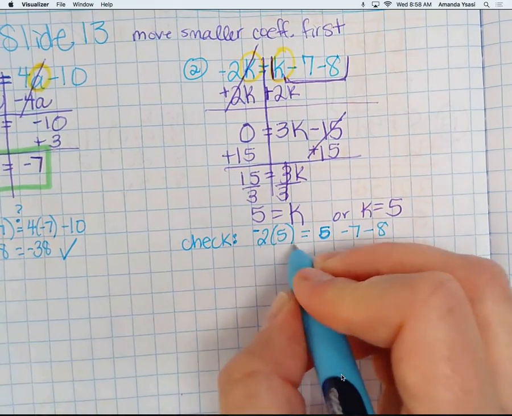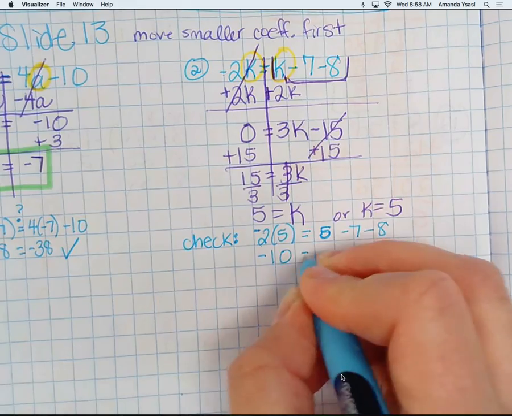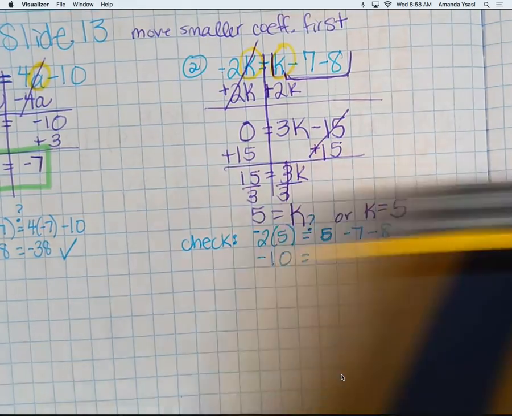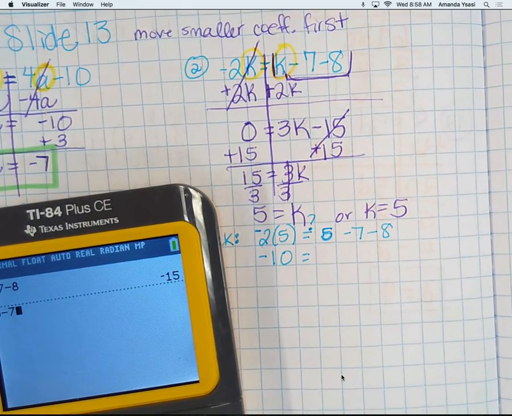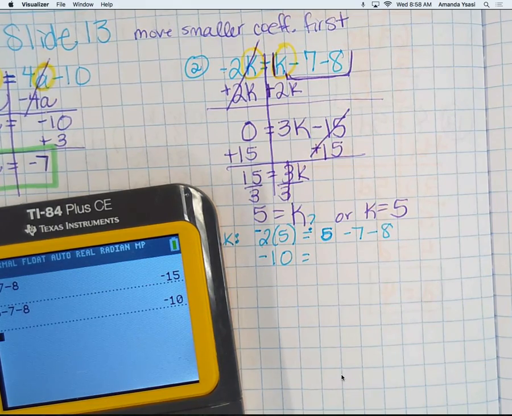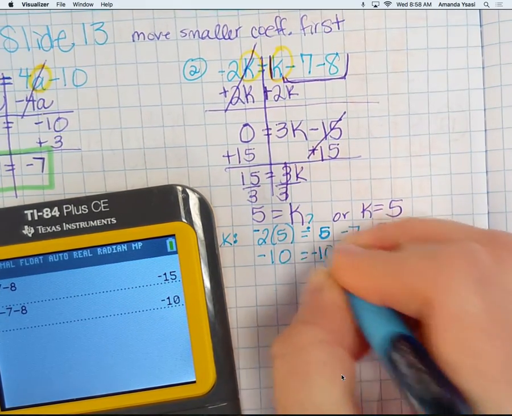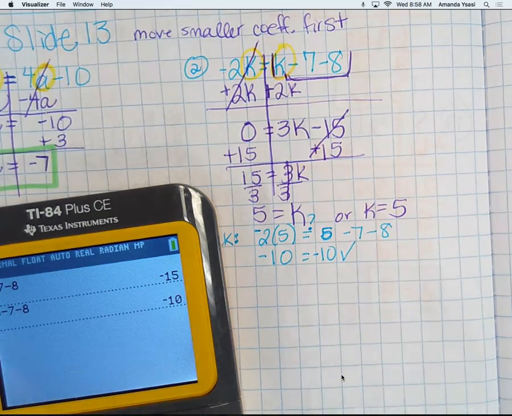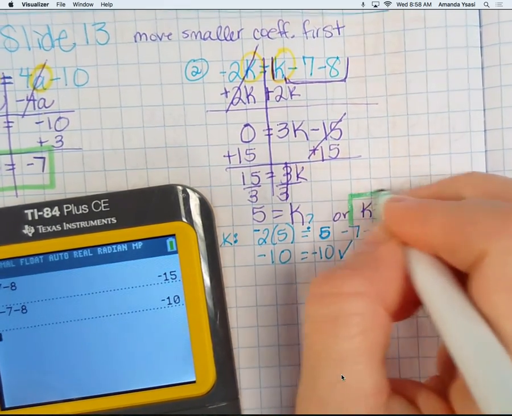So -2 times 5 is -10. And then 5 minus 7 minus 8 is -10. So that means we did it right. K equals 5.